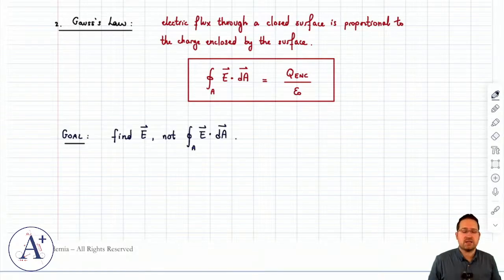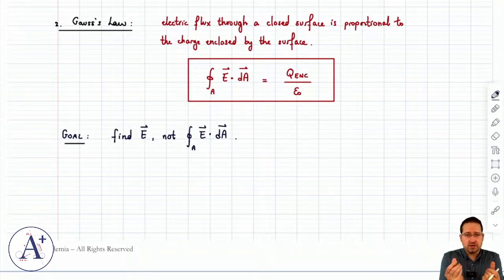Then I could report back and say, hey, my electric flux is, I don't know, 100 Newton meters squared per coulomb. You're like, okay, thanks, John, but we don't care. Well, why? Because I actually don't care what the number is for the electric flux. I care that the electric flux involves the electric field, and I hope that it breaks down in such a way that I can pull the electric field out from this equation and solve for it. That's what I want. So whether flux is 100 or 75 or 200, that's not really helpful to me, not directly anyway. So how are we going to do that?